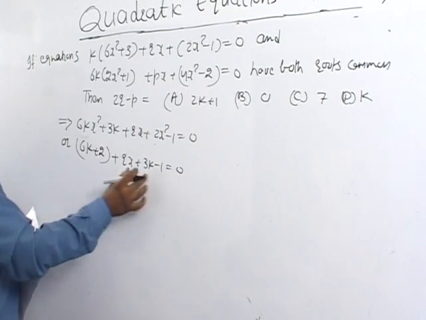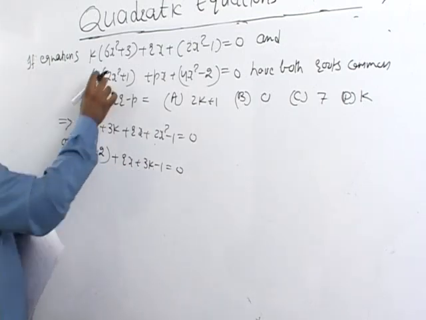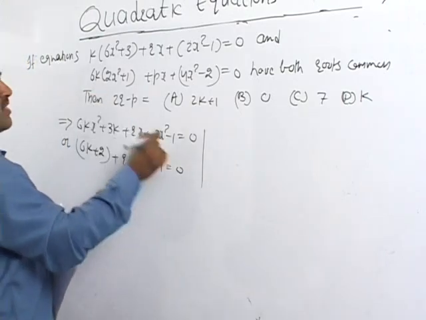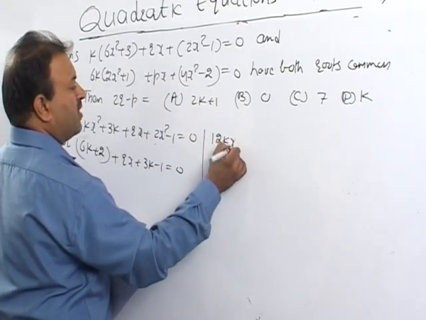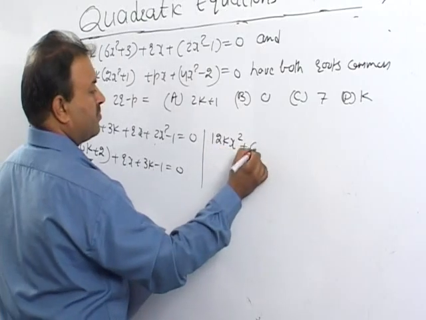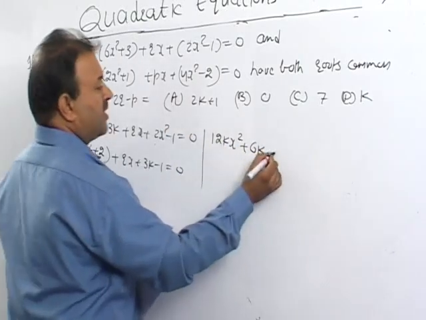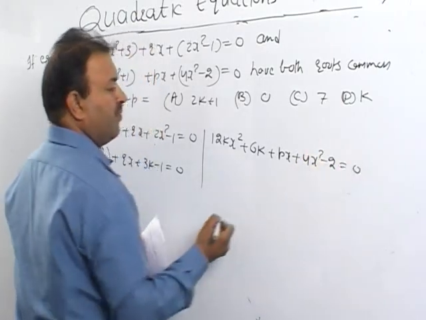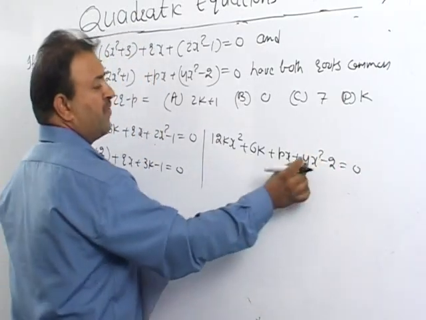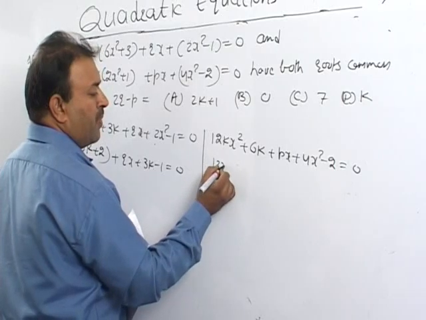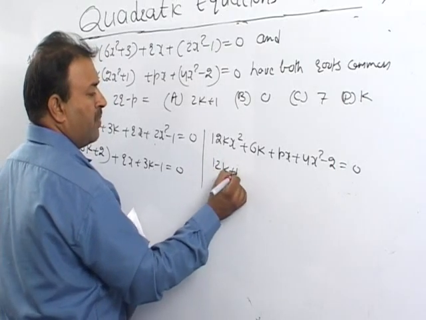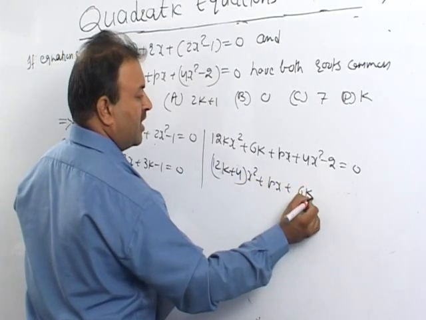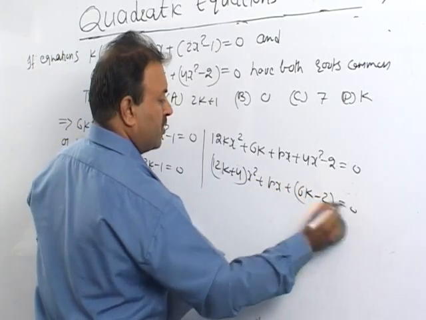So we got one equation as this one. Then taking the other equation, multiplying 6k, we get 12k x square plus 6k plus px plus 4x square minus 2 is equal to 0. Combining the coefficient of x square and writing in a proper order, it is (12k plus 4)x square plus px plus 6k minus 2 is equal to 0.